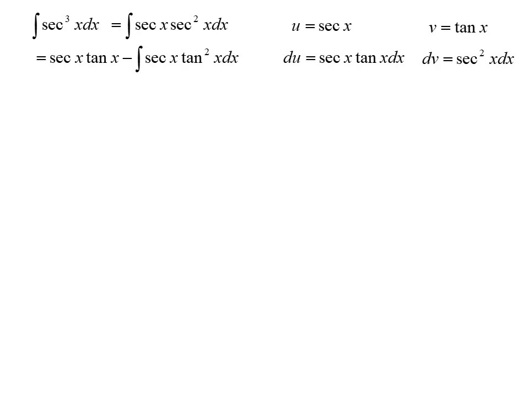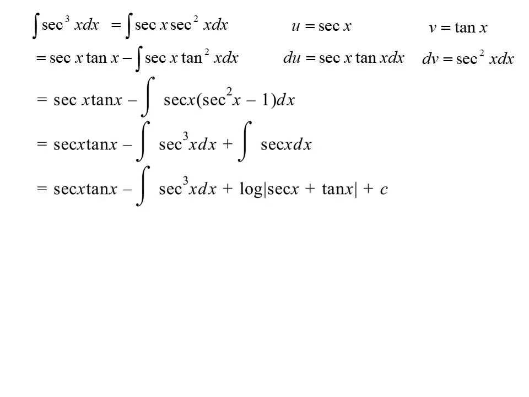So uv minus the integral of v du. Gosh, that would be nice if it was sec squared tan, but it's not. It's sec tan squared. So I change the tan squared to be sec squared minus 1, split it into 2 integrals. Integral of sec, I now know, is the log of sec plus tan.